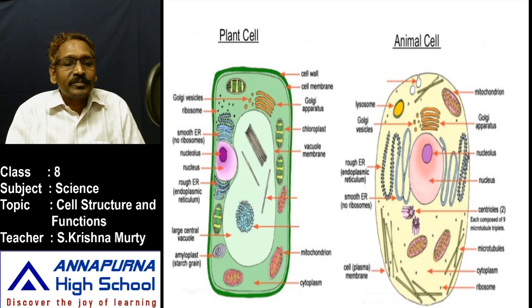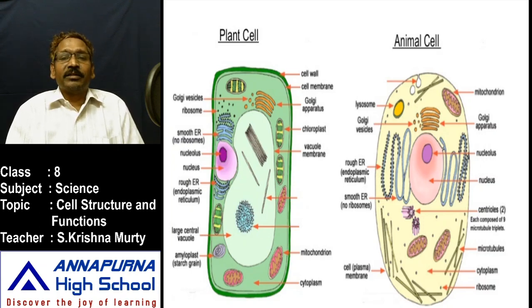What are they? Outermost, the plant cell has one membrane, that is the cell wall. Beneath the cell wall is another membrane, that is the plasma membrane. It is also known as the cell membrane. And internally one prominent organelle is there, known as the nucleus. How can you find the nucleus?